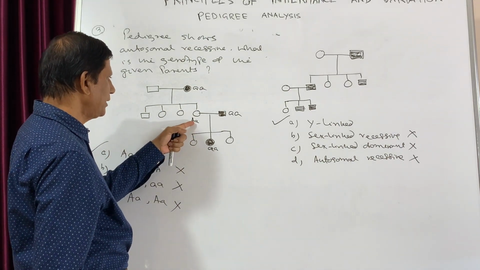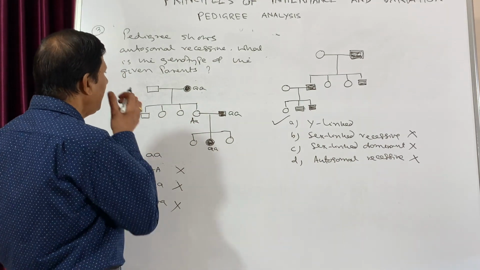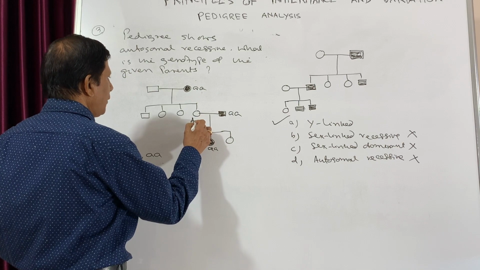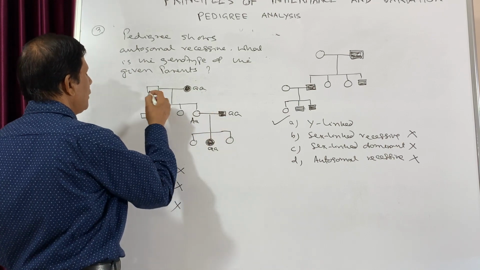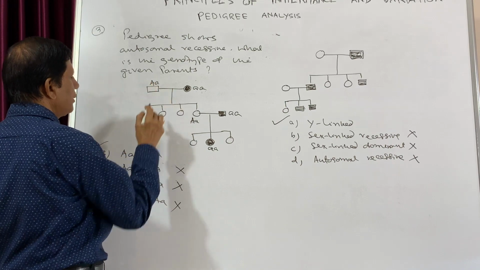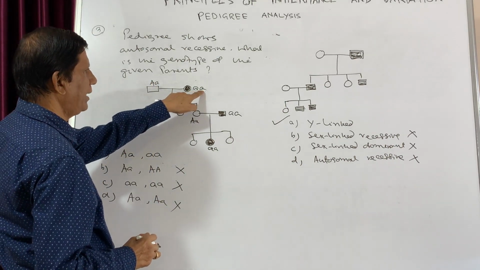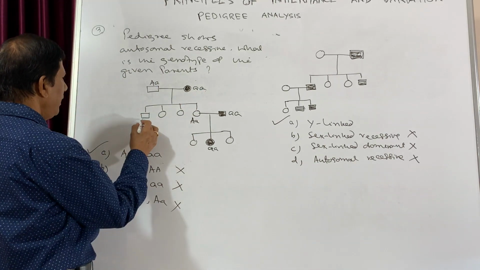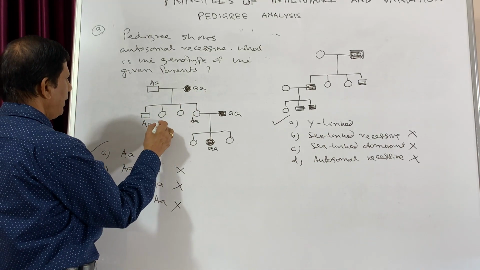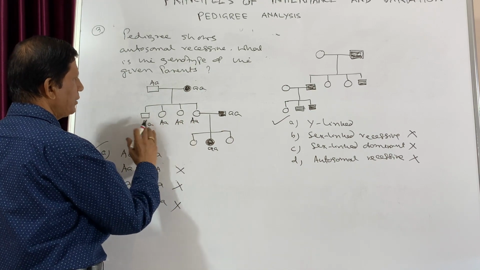So if this is heterozygous, then it is heterozygous. So this is A. What is the probability of this one? This one will be capital A, small a. Now if this is capital A and this is AA, all of these will be capital A, small a.